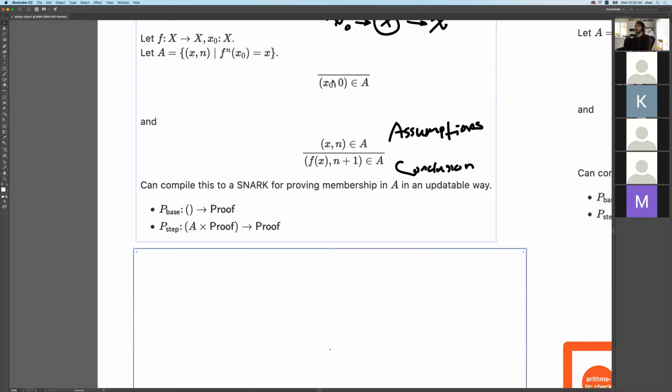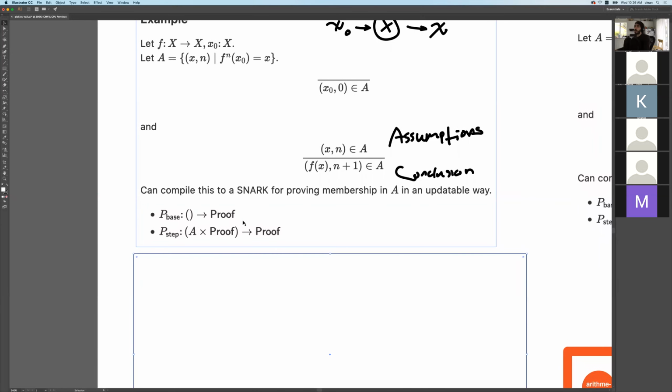What proof? A proof that x0, 0 is in A. The second prover corresponds to the second rule. It takes one argument corresponding to the one assumption, that is a member of A along with a proof of membership in A, and it produces a proof. What proof? A proof of the membership of the conclusion element.